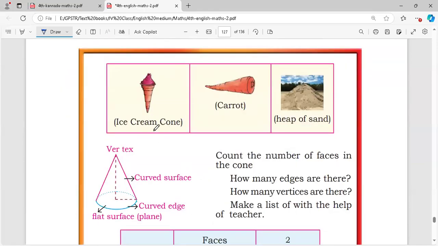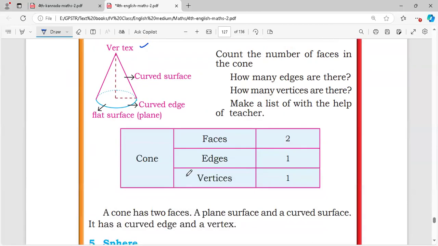They are given: ice cream, carrot, hip hop sand. A cone contains one vertex, a curved surface, a curved edge, and a flat surface. This is a circle. Faces two, one edge is there. Vertices one. This is vertex one.